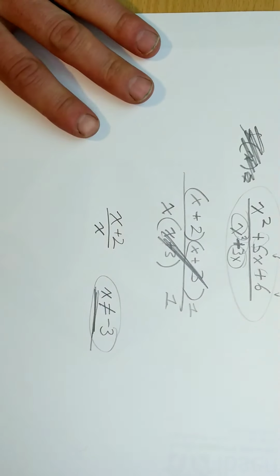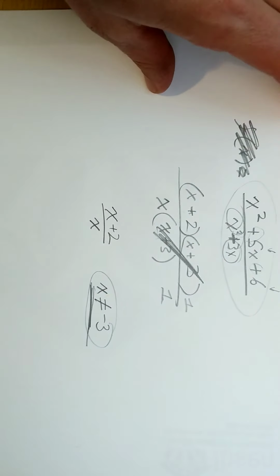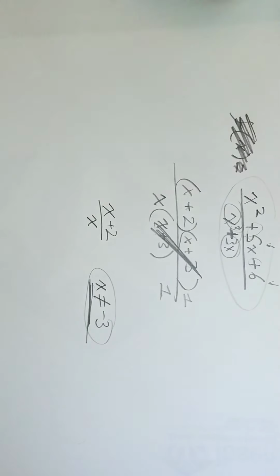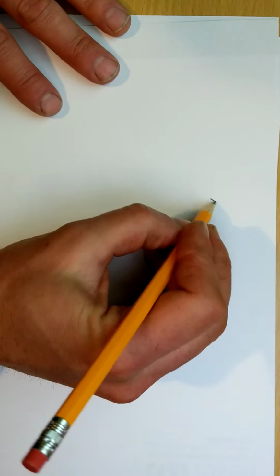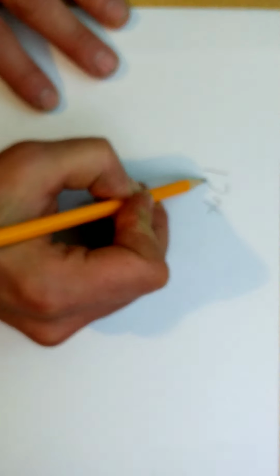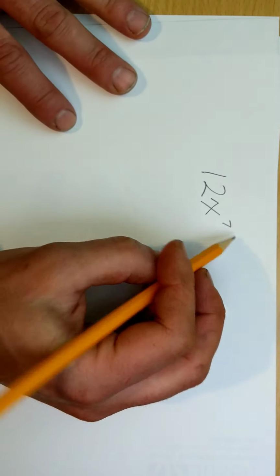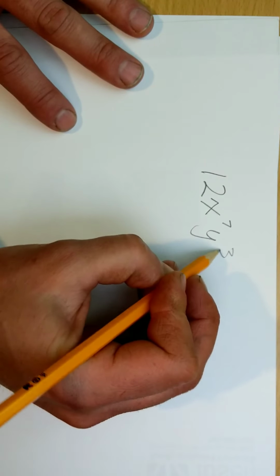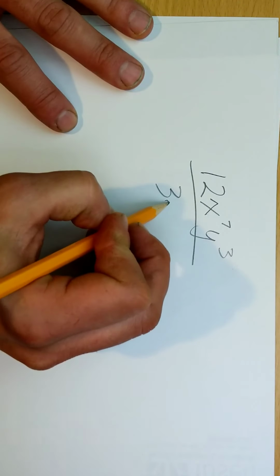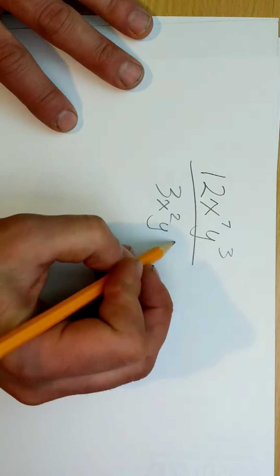Let's do another example. Keep it interesting. What if we had 12 x to the 7th y to the 3rd divided by 3x squared y to the 7th?